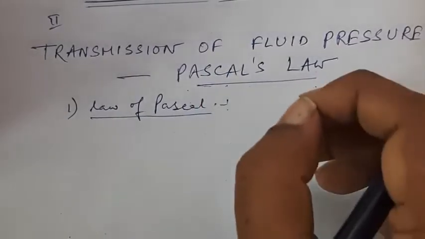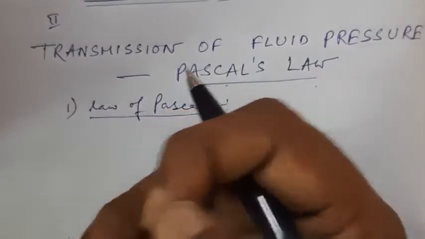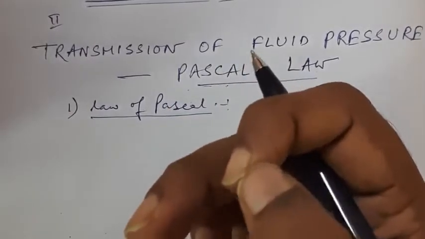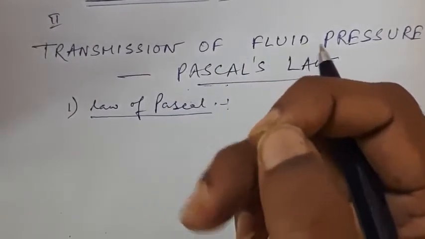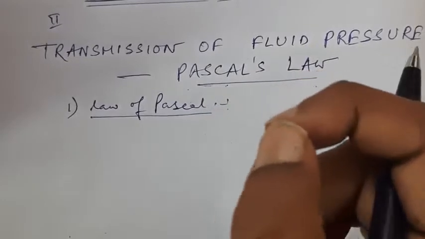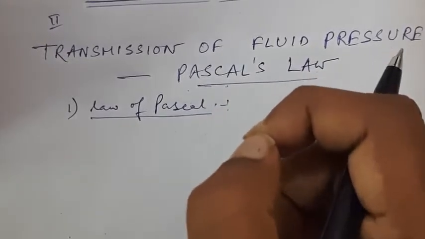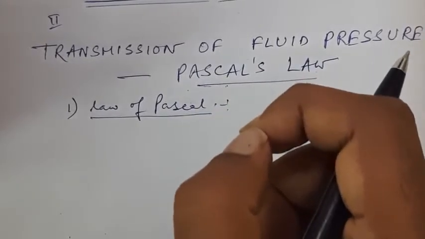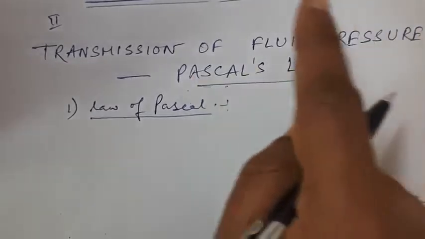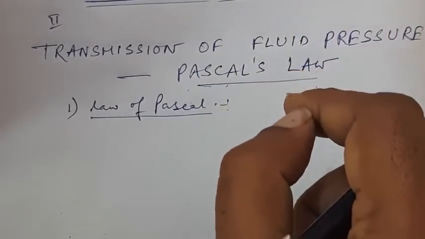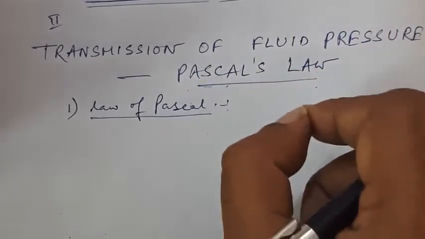Normally means perpendicular. I repeat the definition: the pressure applied at any point of a confined fluid is transmitted with undiminished magnitude in all directions throughout the fluid and acts normally on the surface in contact with the fluid.